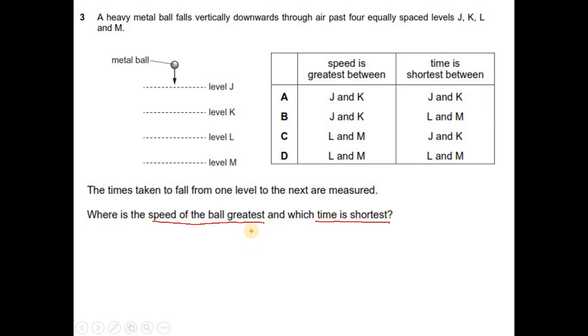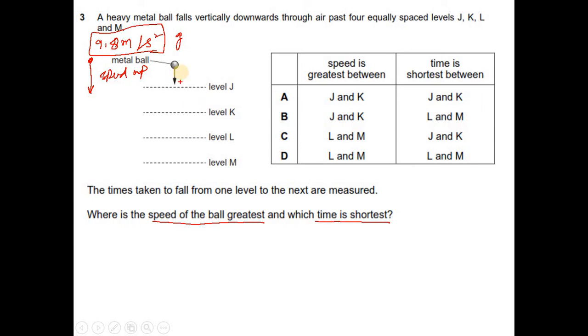For free fall motion, if an object is falling freely, that means it is speeding up. Speed is increasing at the rate of 9.8 meter per second square. This rate of increase is called acceleration due to gravity, with value of small g.